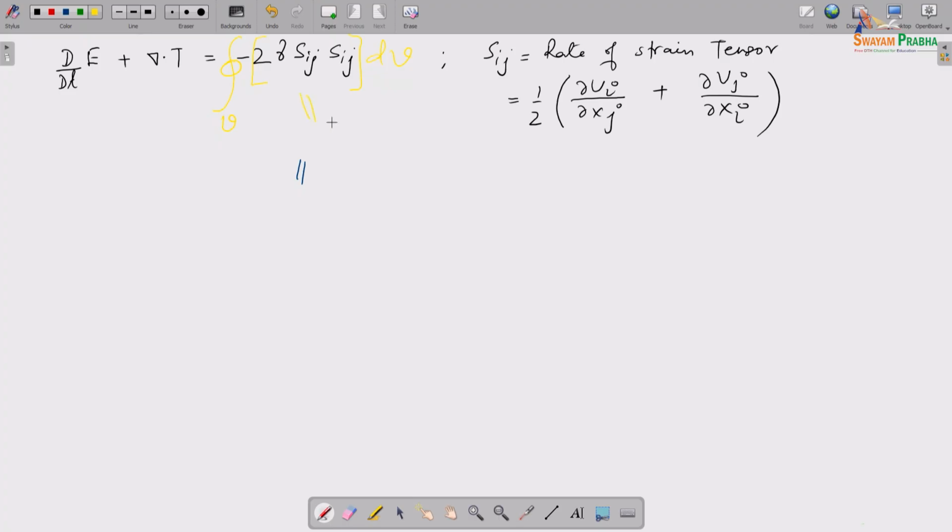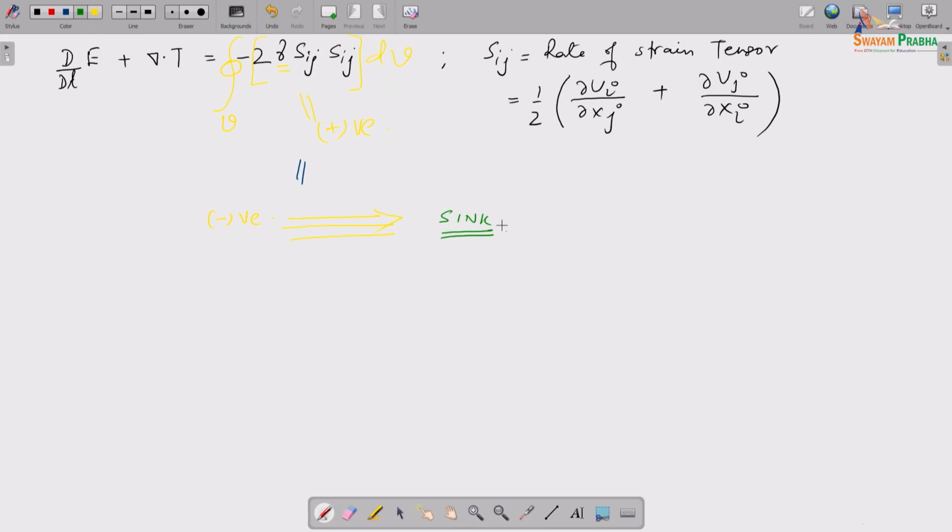This is always positive. Therefore, this integral, which is essentially the total energy due to the viscosity component, is negative, and therefore we equated this to what we called a sink.